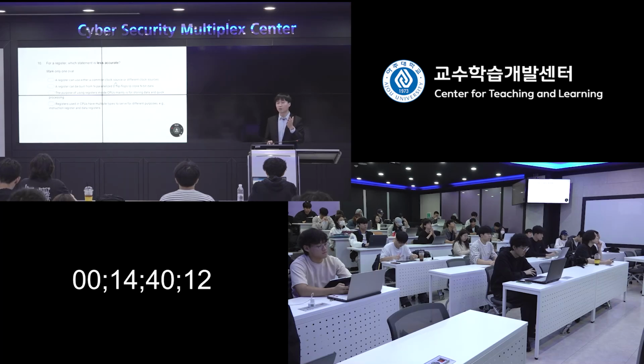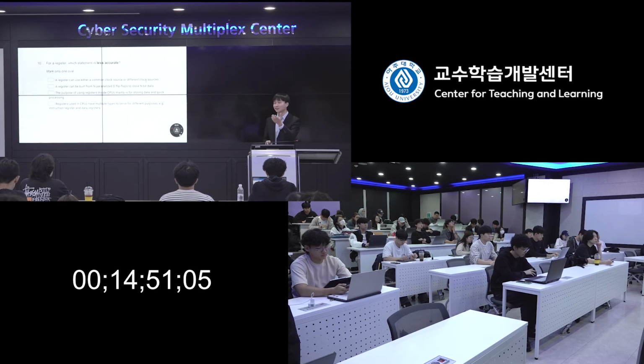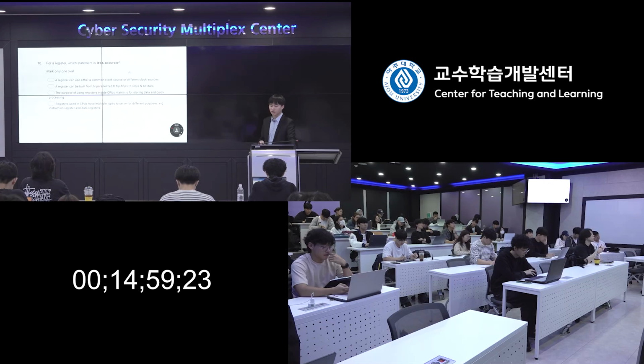If the output is asynchronous, it just loses the meaning of the register. The original function of the register is to store the data and synchronize the output together, right? So the first one is less accurate. They need to have the same clock source, okay? Then the others are just true.